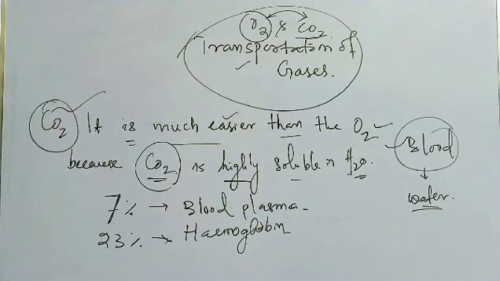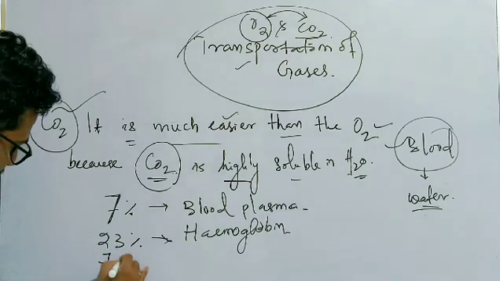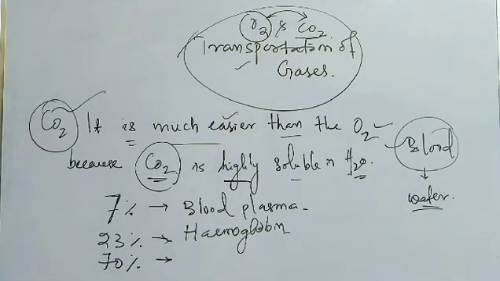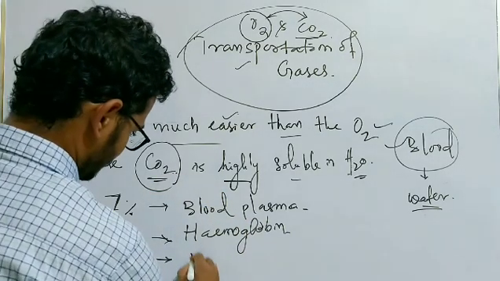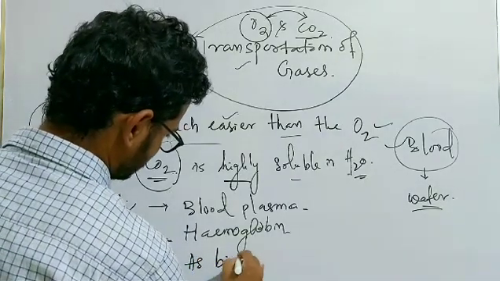Okay, 7% and 23%. The remaining, that is 70%, the remaining 70% of carbon dioxide transportation takes place by bicarbonate formation, or as bicarbonate.